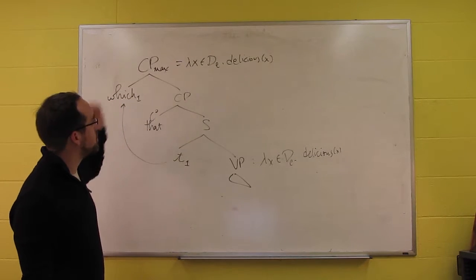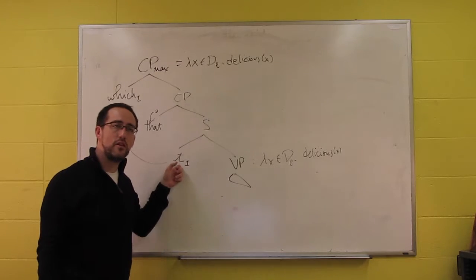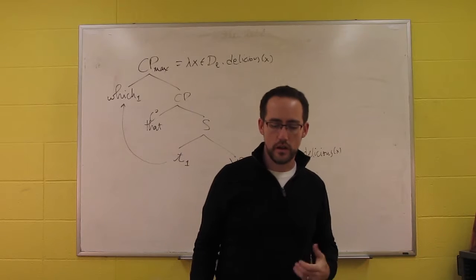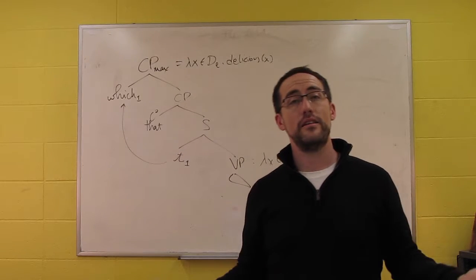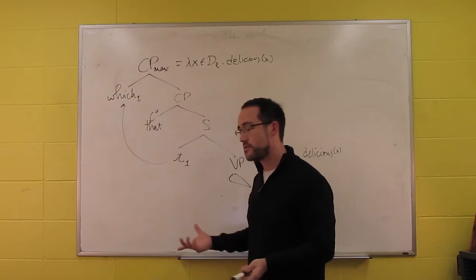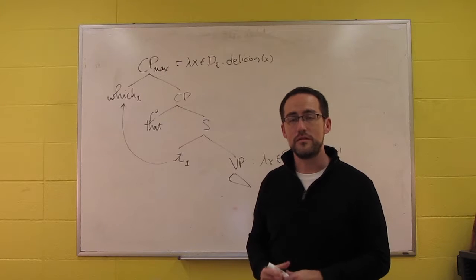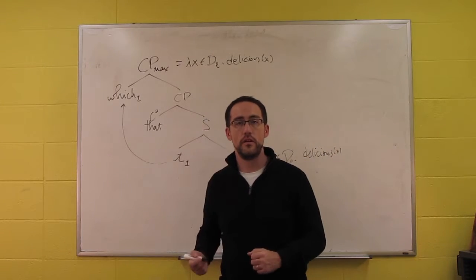Well, what are we going to do? Well, start with this trace. What is the meaning of the trace? Well, a trace has an index, and we know how to interpret terminal nodes with an index. It's a terminal node, it has an index, right? We can use the pronoun rule. So we can effectively treat traces as a variable.